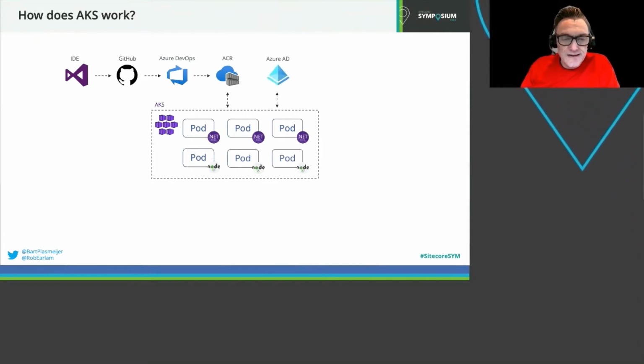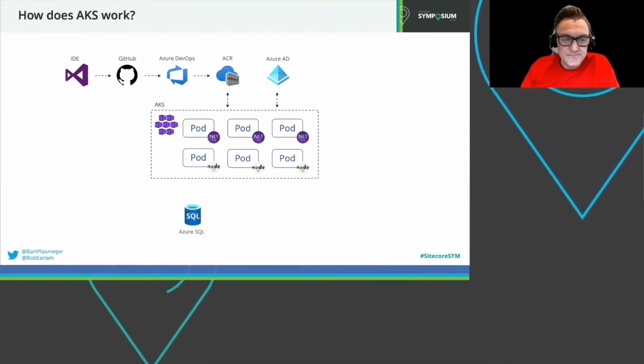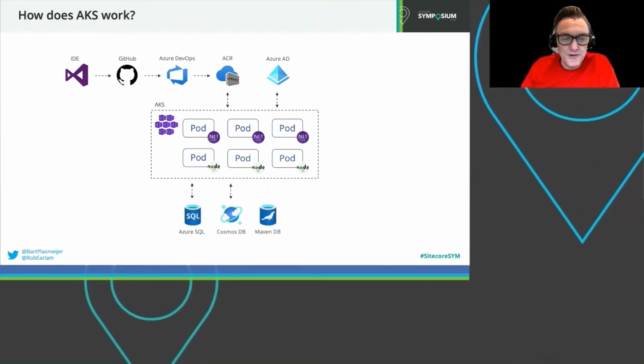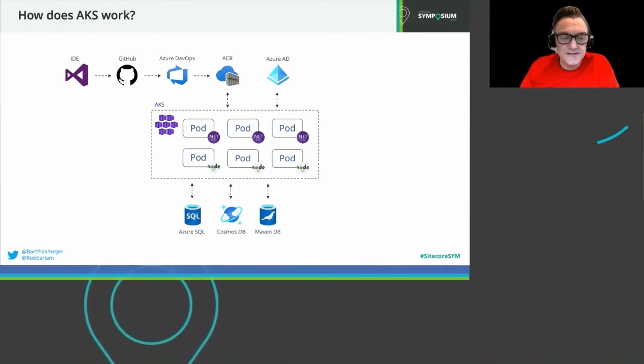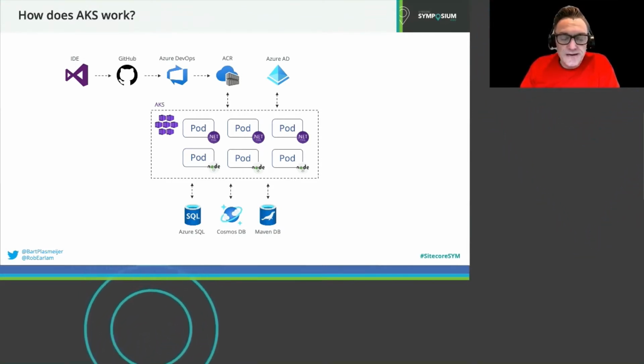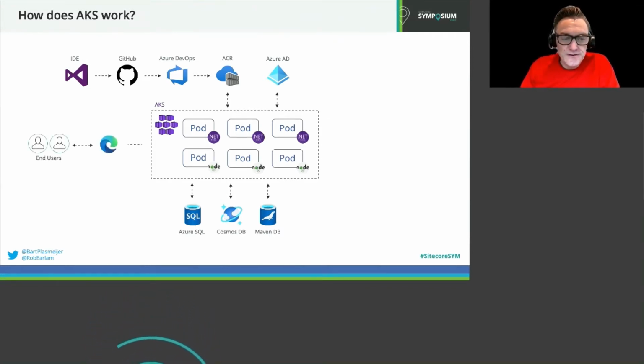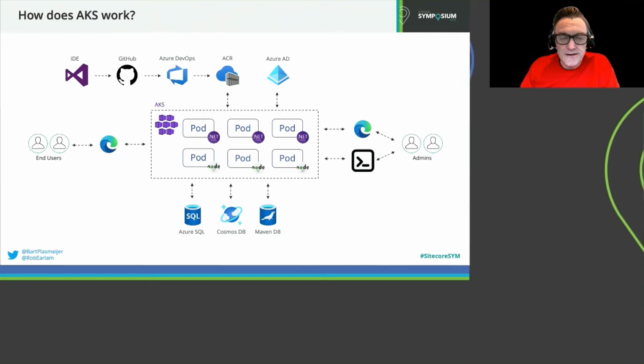By the Azure Active Directory, you have access to that cluster. External resources like the Azure SQL can be used, so the services can obtain data from the external services. The end users can connect to the AKS cluster, and the DevOps people can connect by the web interface or CLI to the AKS cluster.